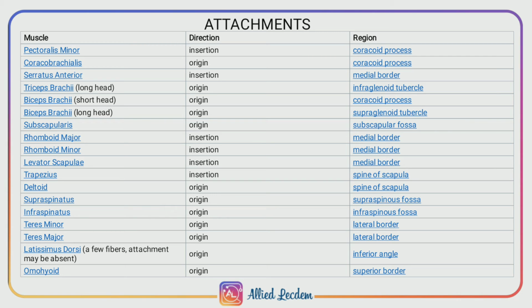The muscles that originate from the scapula bone include coracobrachialis, triceps brachii, biceps brachii, deltoid, supraspinatus, infraspinatus, teres minor, teres major, latissimus dorsi, and rhomboid muscles.